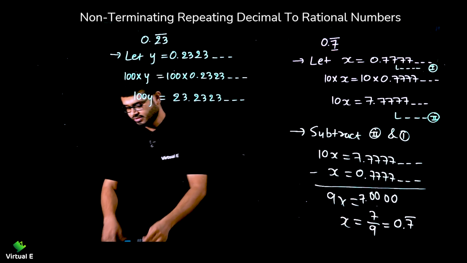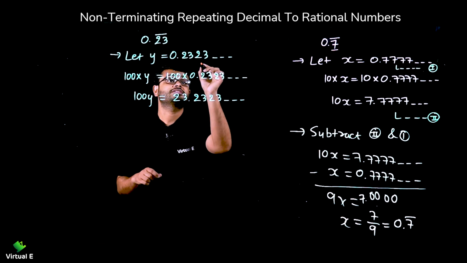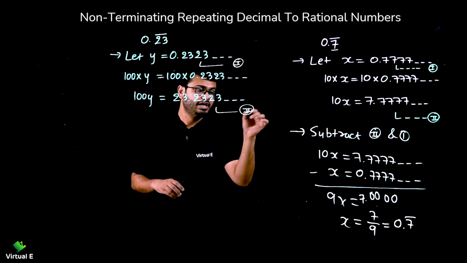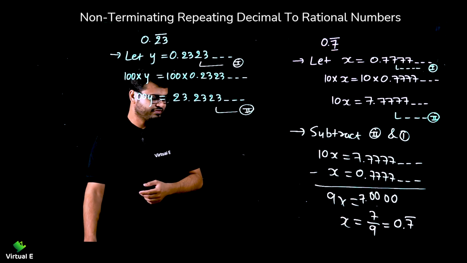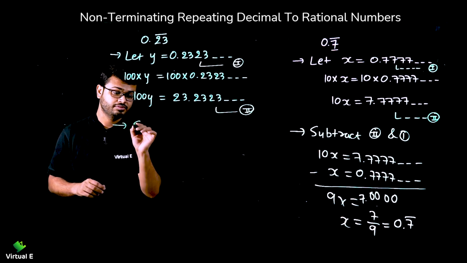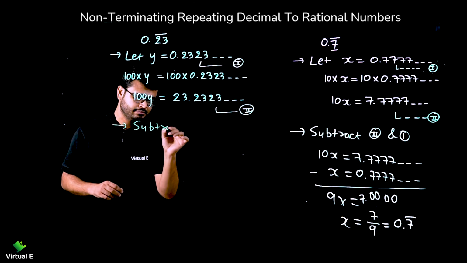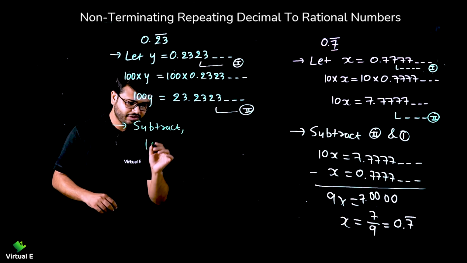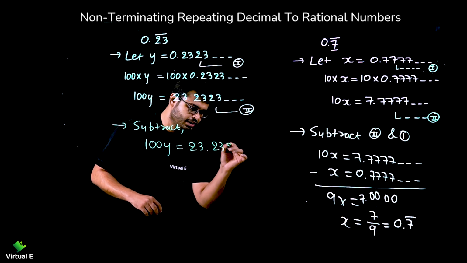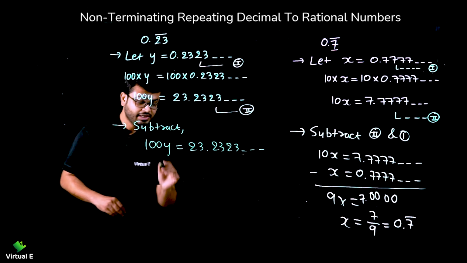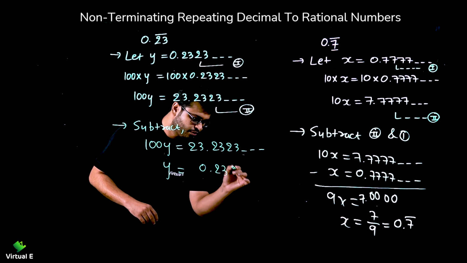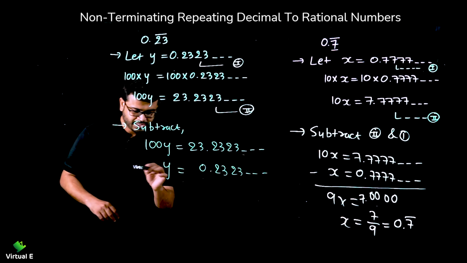So let's give the numbers to the relations. Let's say this is relation 1 and this is relation 2. And we are going to subtract both of them. So here we can write first of all 100y is equal to 23.2323..., and here y is equal to 0.2323... Let's subtract them.